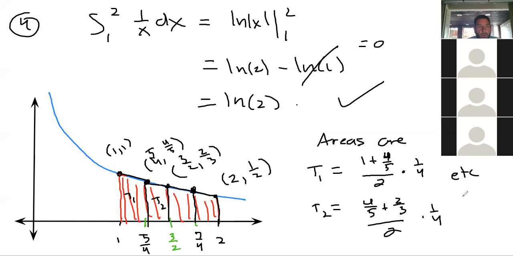So if you do that for all the pieces, you can add them all up using a calculator or by hand. I don't know how you want to do it. Does anybody have any questions about this so far?